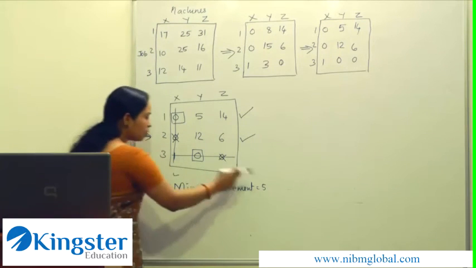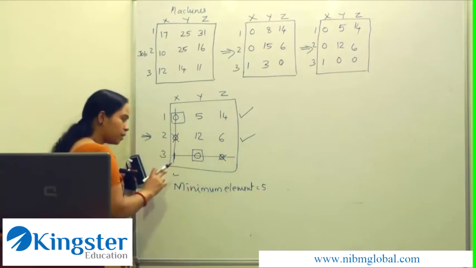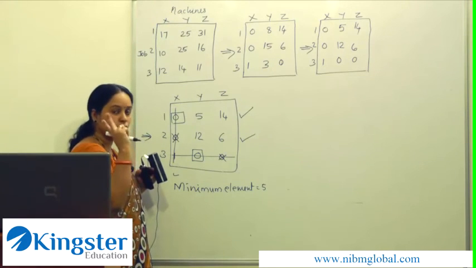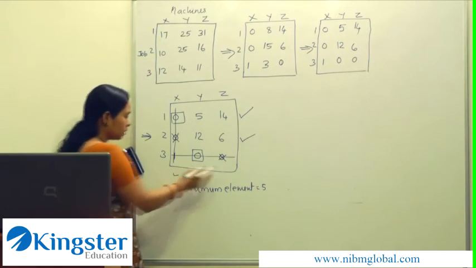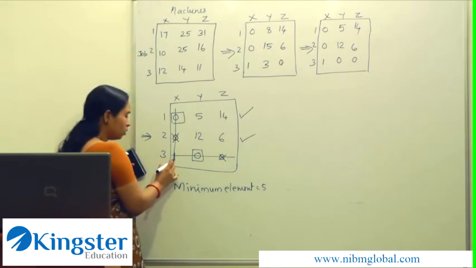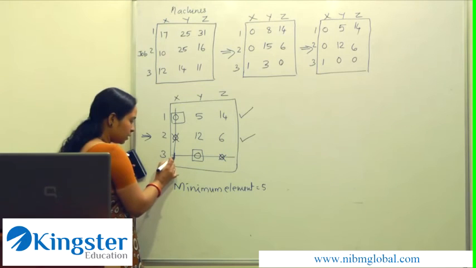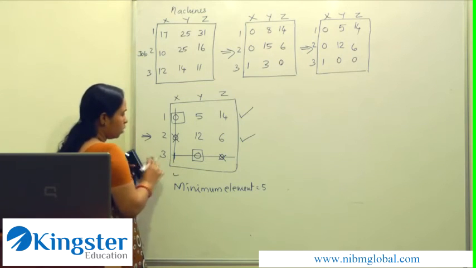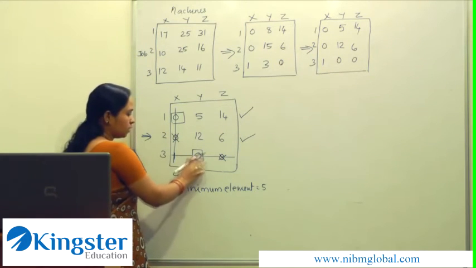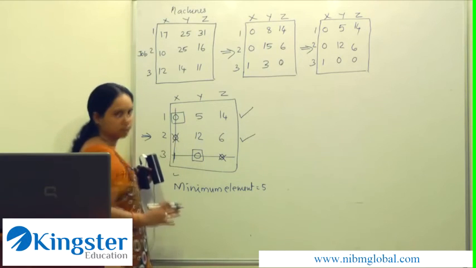Now add this 5 to the elements which are covered by two lines. That means this 5 must be added to this 1. This is the only element which is covered by two lines. So here we must add 5. Now keep all other elements which are covered by a single line as they are.